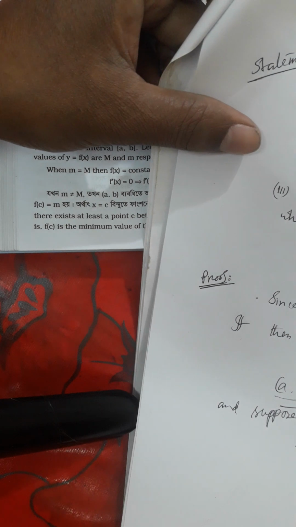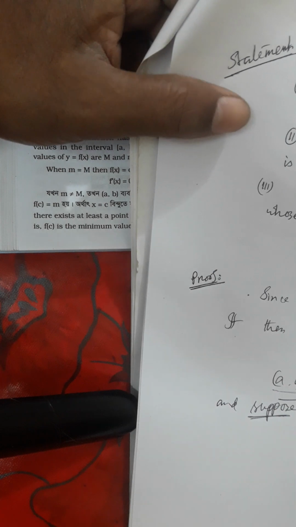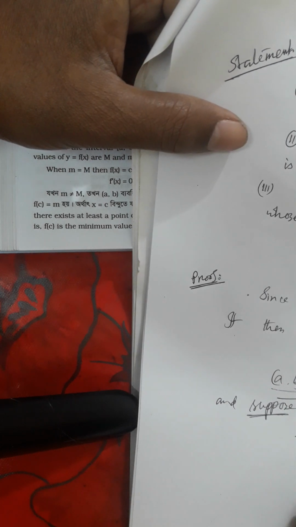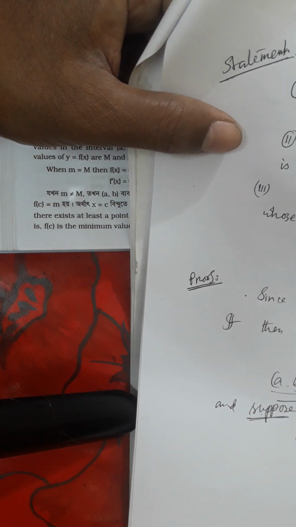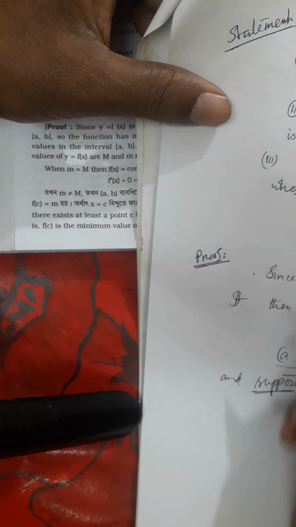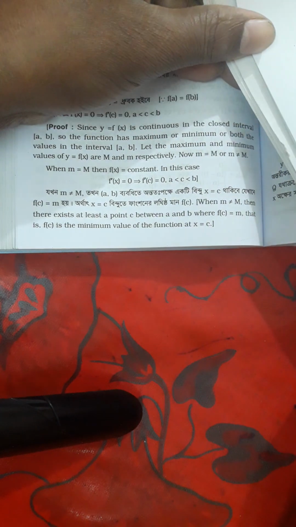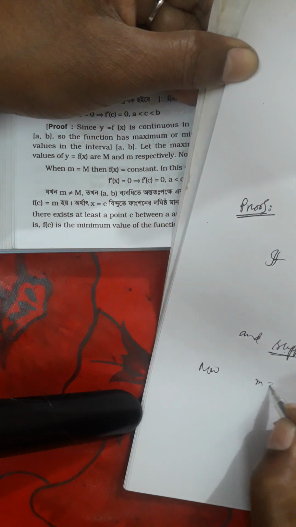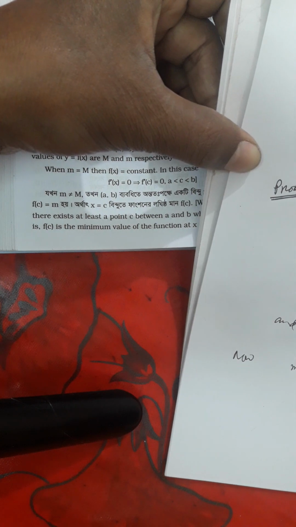Clear? Suppose means ধরে নেই y equal to f of x ফাংশনটা হয় ম্যাক্সিমাম অর মিনিমাম। ধরে নিতে পারি y equal to f of x ফাংশনটা ম্যাক্সিমাম এবং মিনিমাম যে কোনোটা হতে পারে। Now M equal to m or M is not equal to m.